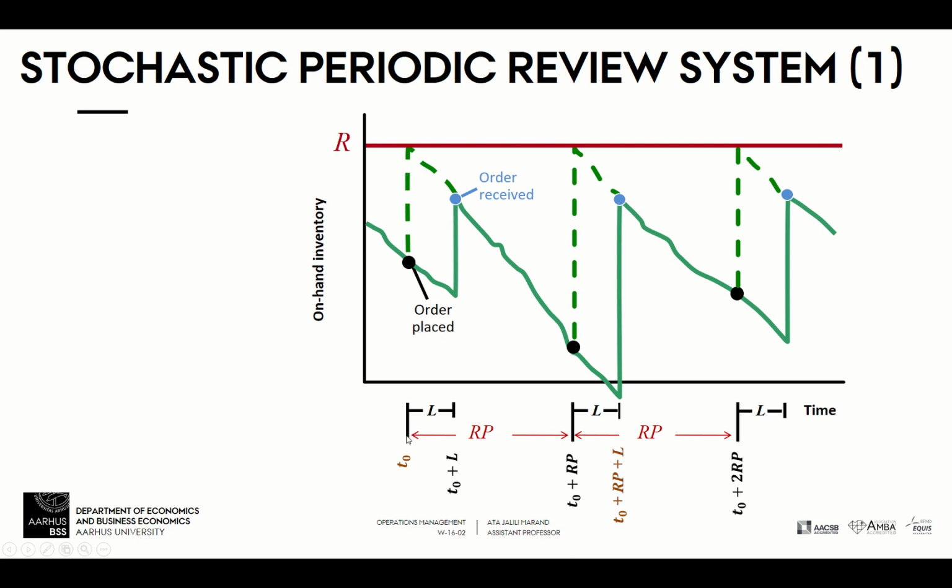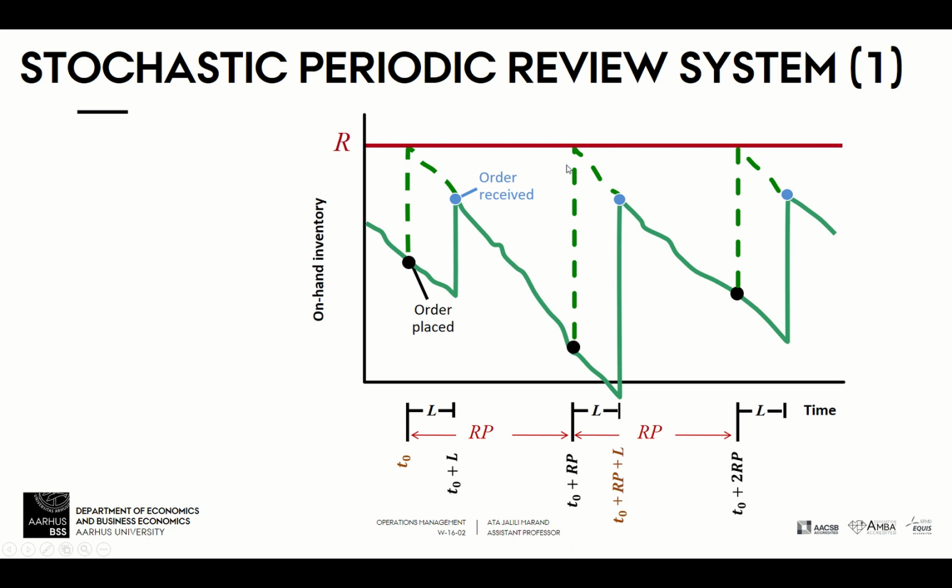Here Rp is the reorder period, so it is the second time in this case that we go and check the inventory.